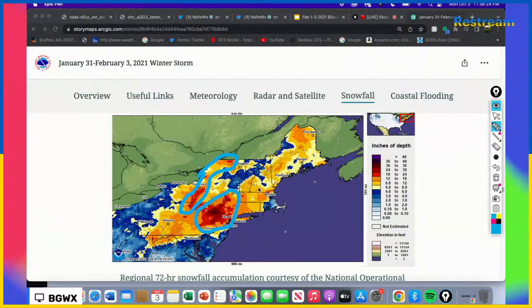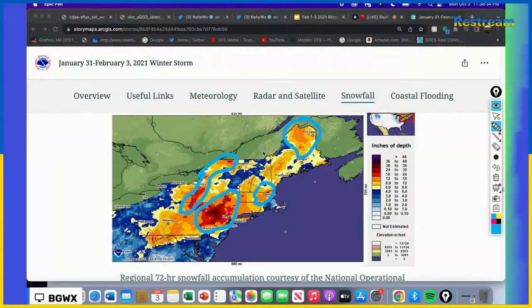And then we also had some good coastal enhancement in here and also up here. So those are the things that immediately stand out when I look at a snow map like this.